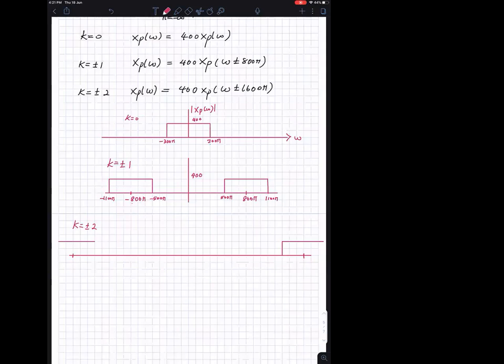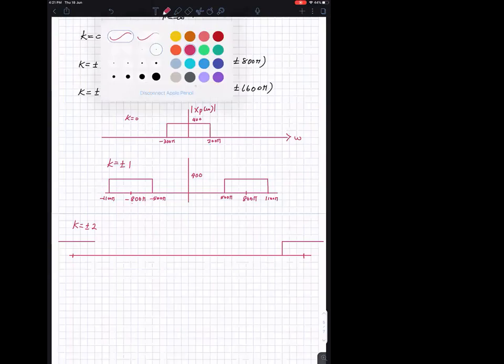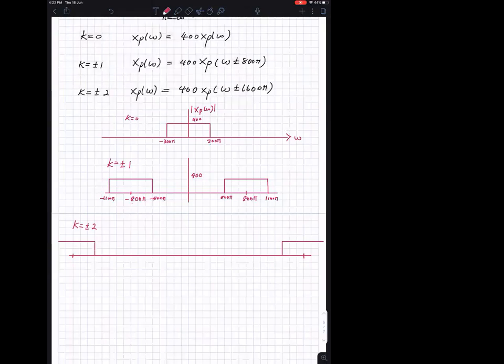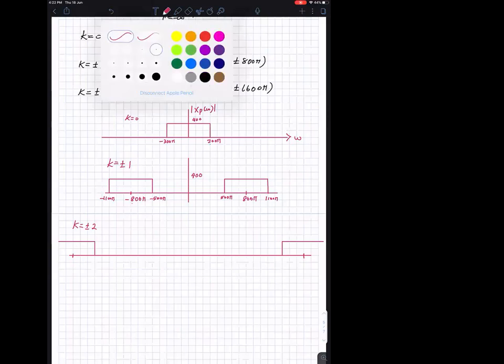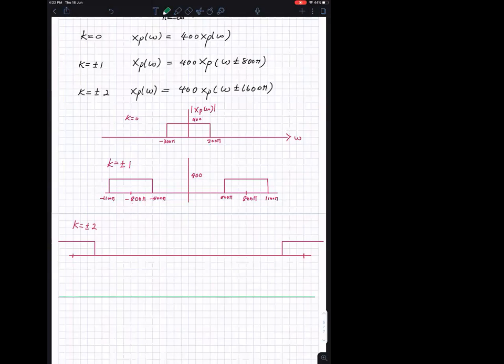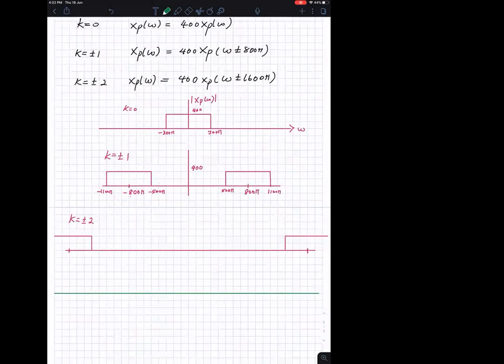We had all that. You just drop these lines here.